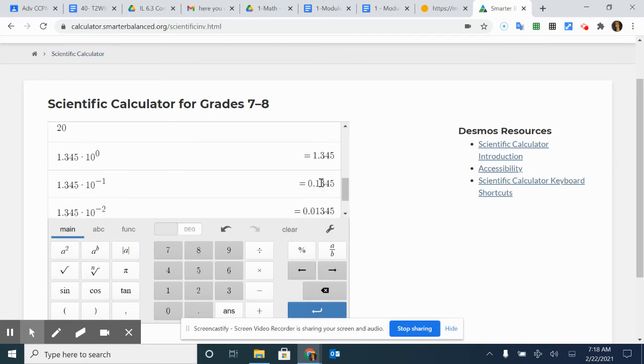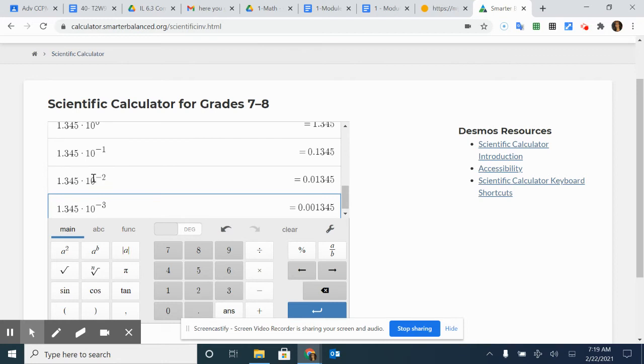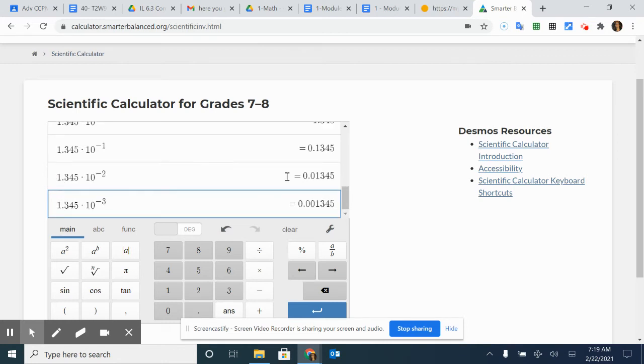So if it was 0, it stayed the same. If it was -1, the decimal moved one unit to the left. If it was -2, the decimal moved 2 units to the left. Now, in math, whenever there's a decimal, we always put a 0 in the front to remind people there's a decimal right there.